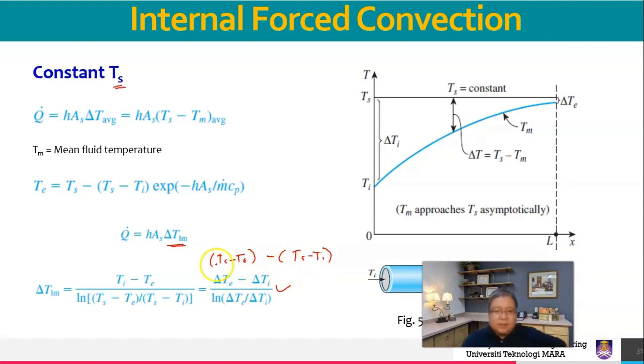So the value of Ts is cancelled out, negative negative, Ti is in front and Te is at the back. That is why it becomes like this. Then you have to know the value of delta T log mean, and this one is the formula for Te if you know every temperature.